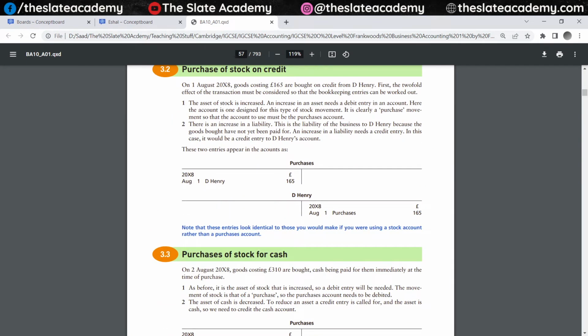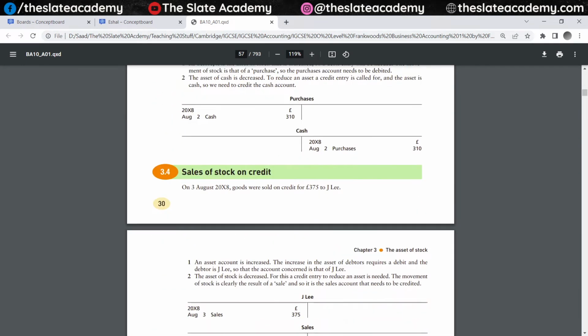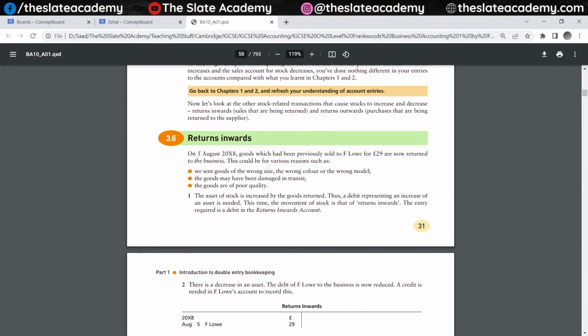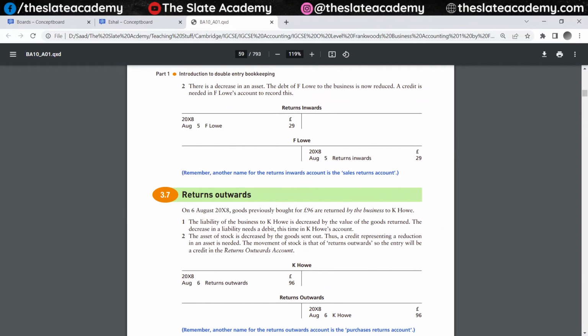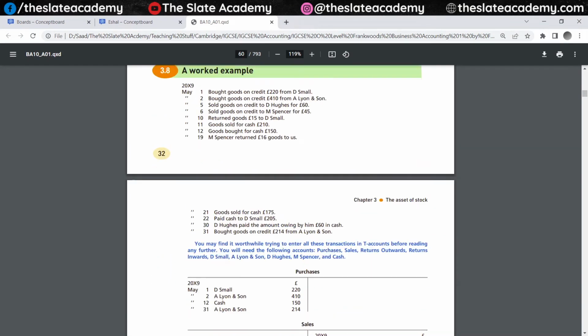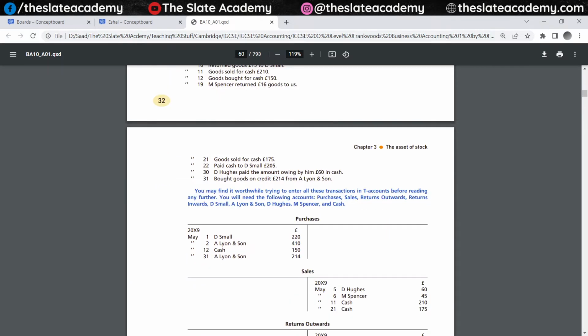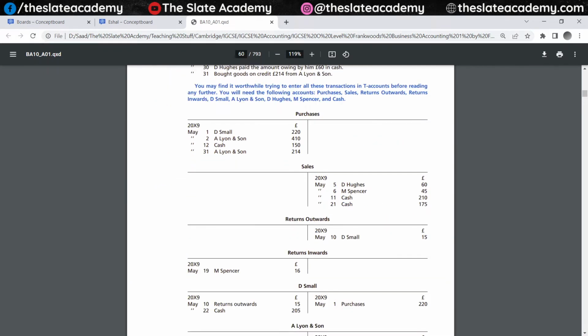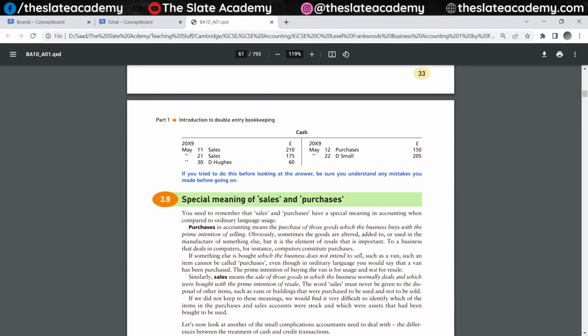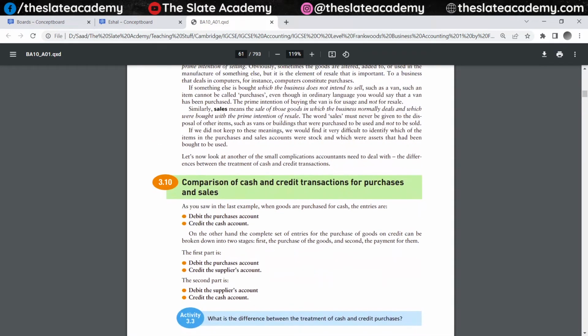ठीक है जी, there would be purchase of goods on cash, sale of goods on cash and credit, and return of goods, inwards and outwards. That's it. Acha ji, there's an example in the book, but I'll just skip right to the exercise questions. Acha ji, purchases and sales.